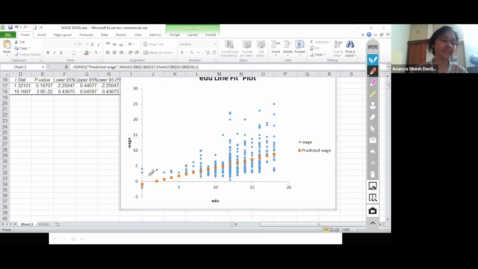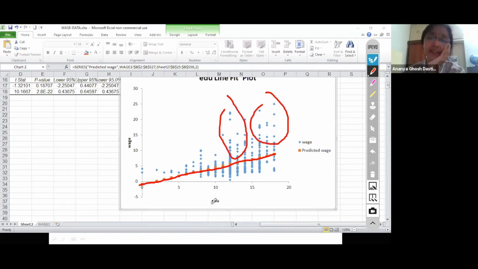The line is a line with a very low slope, whereas look at the education values, they're way higher. For instance, if I look at some value, let's say 17, people with 17 years of education, my model is saying that on average they are going to earn less than $10 as wages.